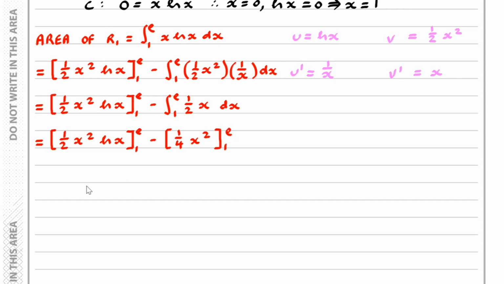So combining all of this together, I've got 1/2 times x squared times the natural log of x, subtract 1/4 x squared between 1 and e.